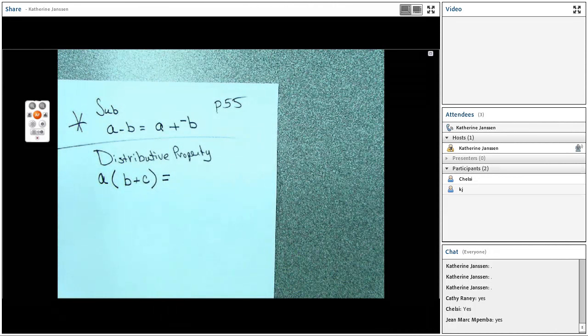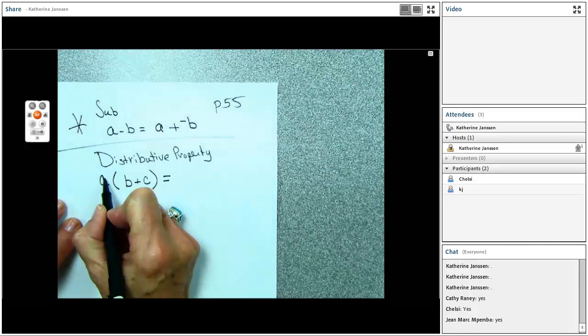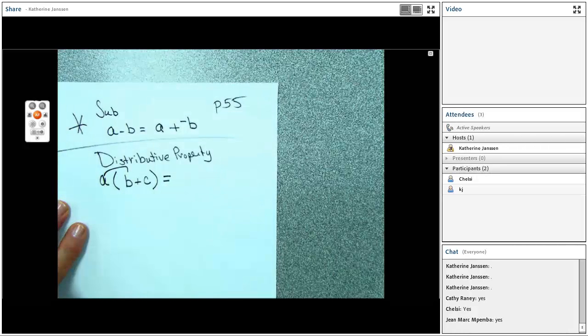Now, the distributive property, how am I going to remember that? Well, when I distribute a quiz to students, I make sure everyone gets a copy of the quiz. I distribute it. I hand it out to everyone. I don't skip anyone.